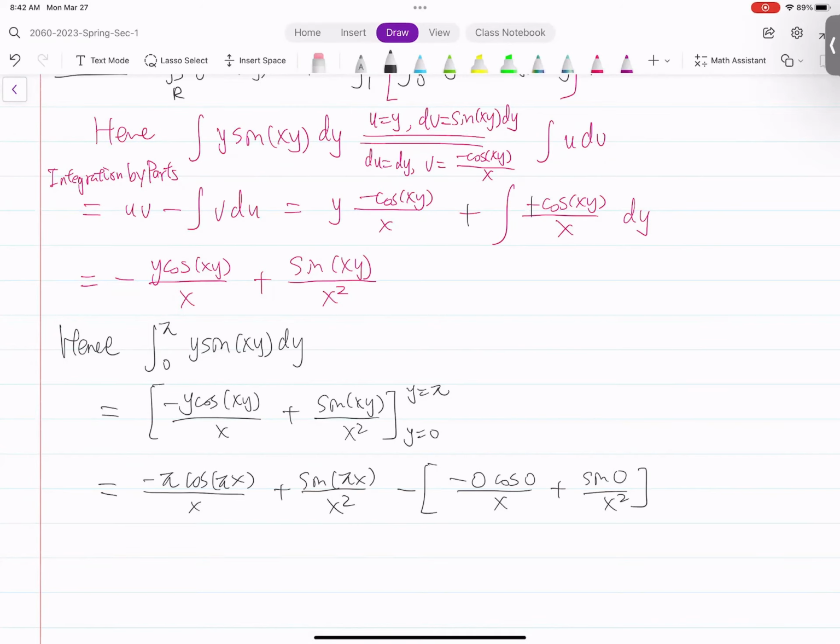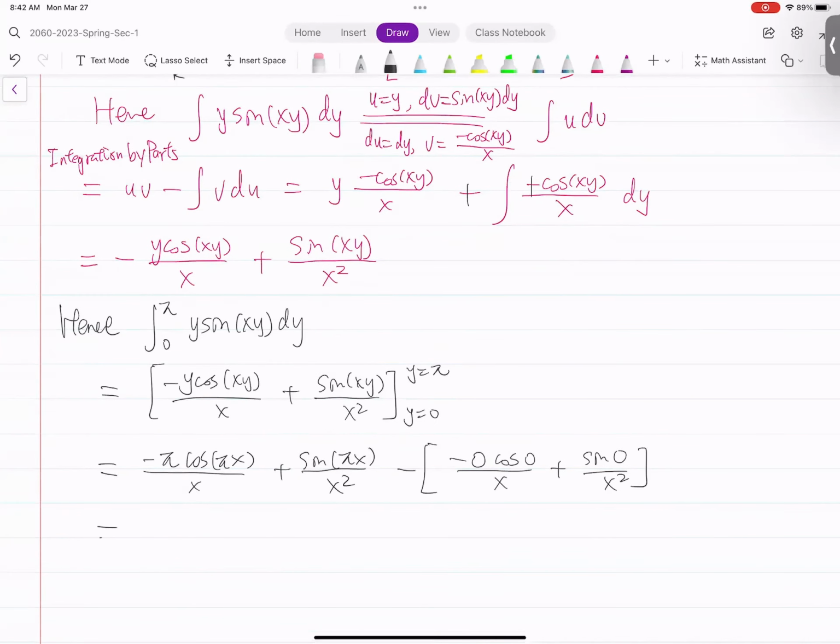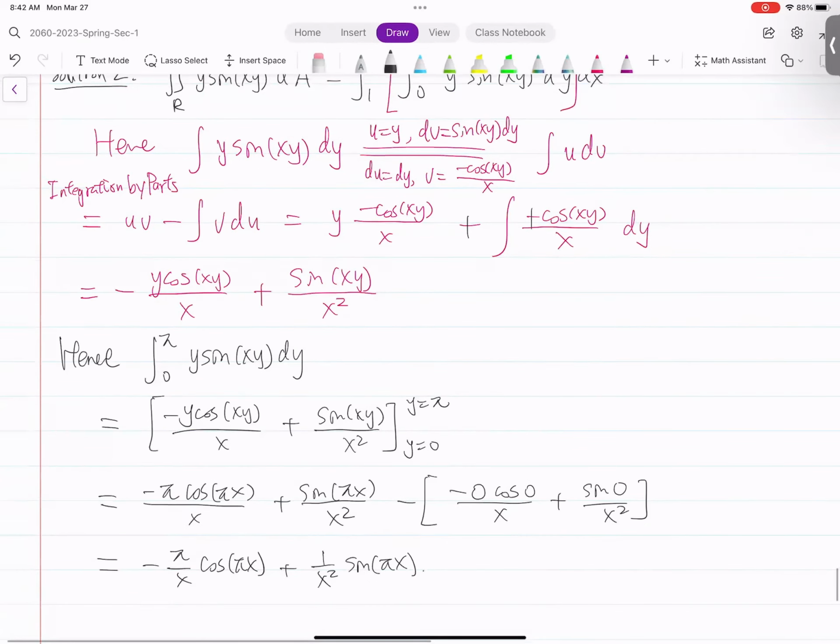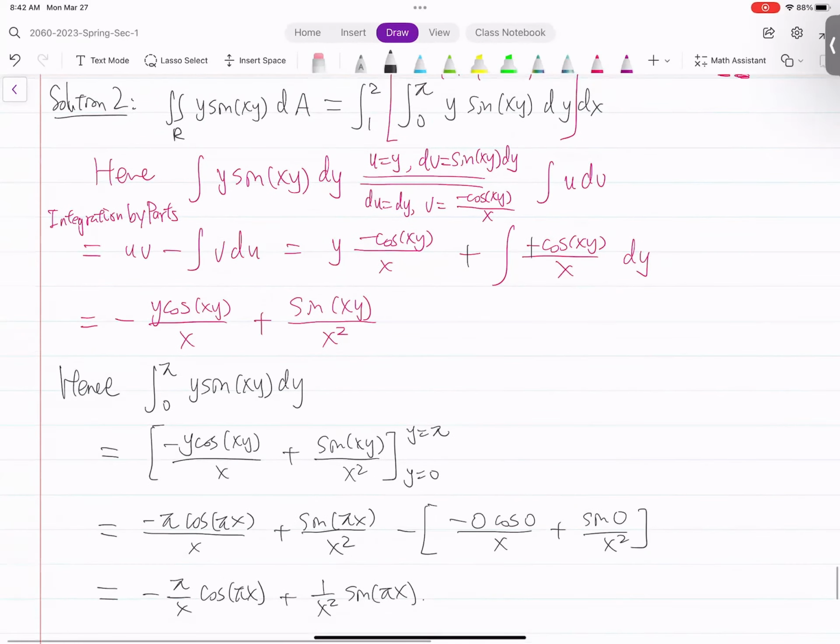The 0 in the front is a 0. So this result is just a little complicated in terms of x, because we see products once again. Right, so that's the result for the inner bracket in red.